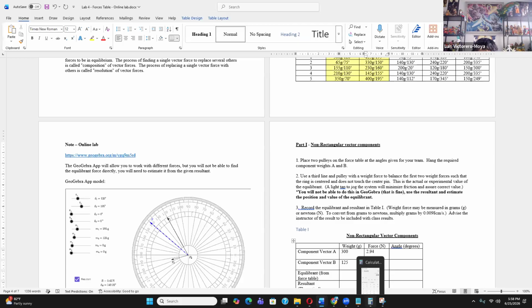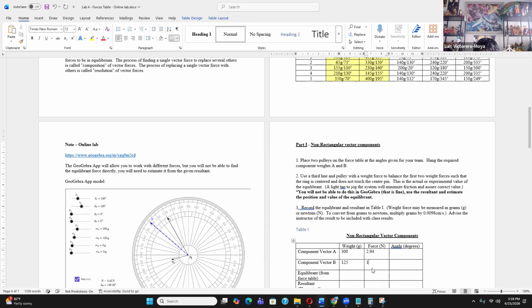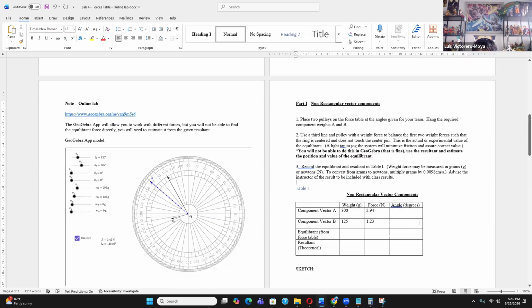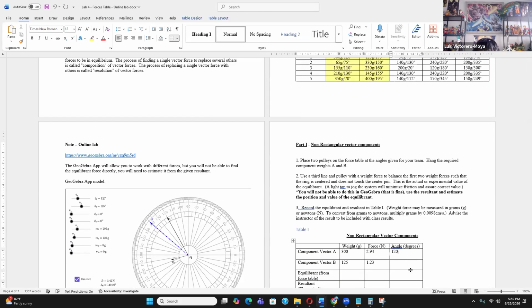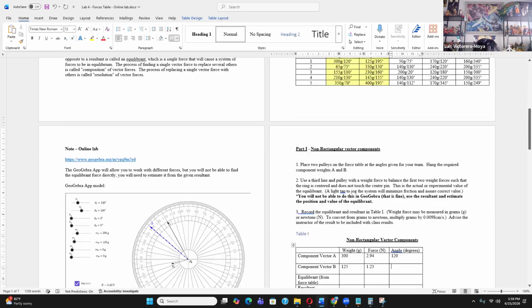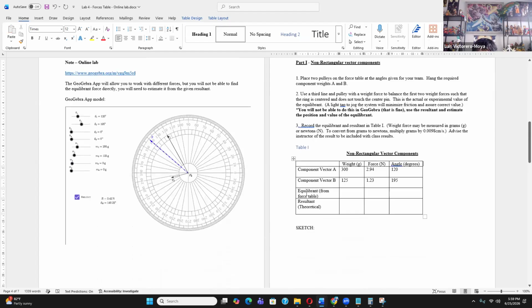The same with 125: you divide by 1,000 to convert to kilograms, and then multiply by 9.8. That's 1.23 newtons. The angles are 120 degrees and 195 degrees.